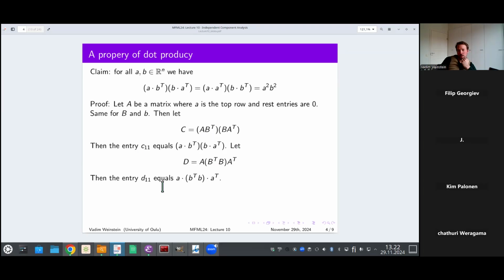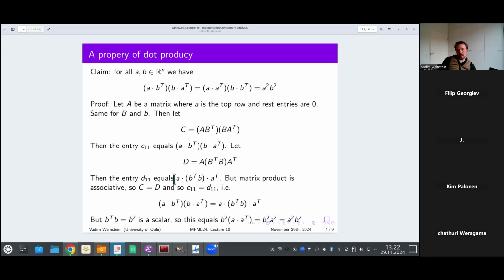So we know that C11 and D11 must be the same, because these are actually the same matrices, C and D. Because these are the same, this is the same as this, but B times B is just a real number, a scalar, so we can take it out, and then A times A becomes A squared, so we get this. Okay, funny observation, which we will need.